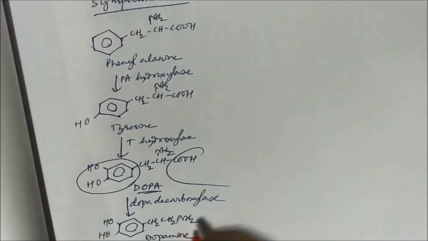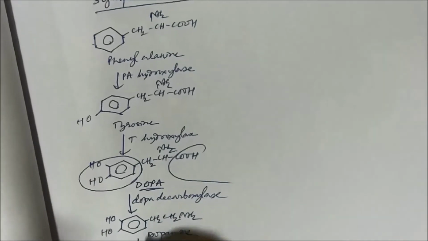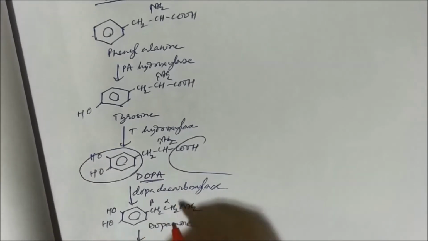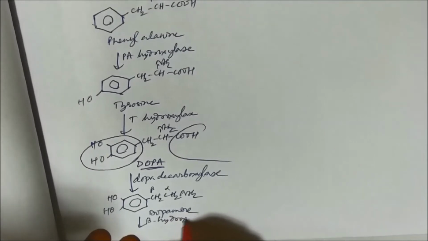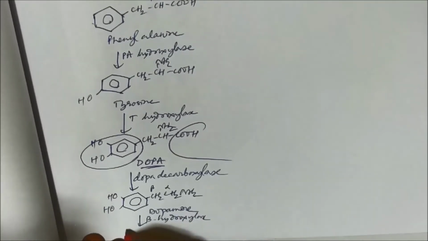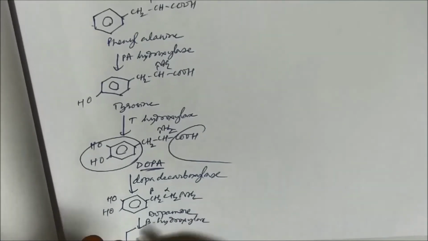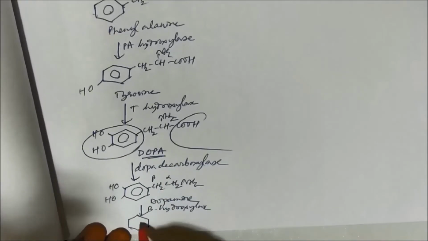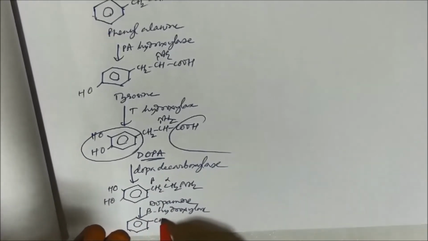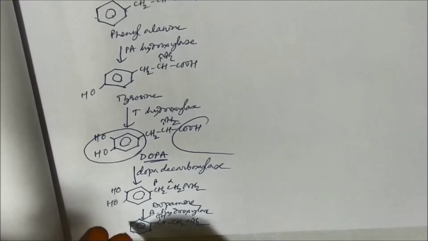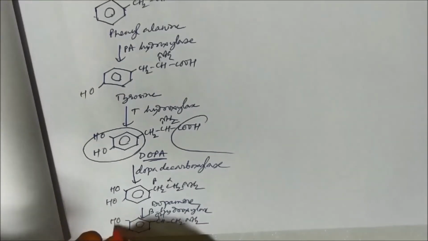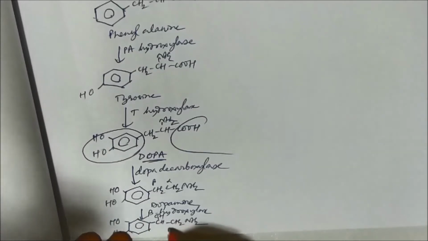Dopamine is a catecholamine, and this is alpha carbon, this is beta carbon, and by the action of beta hydroxylase there will be CHOH here, and this is the structure of noradrenaline.